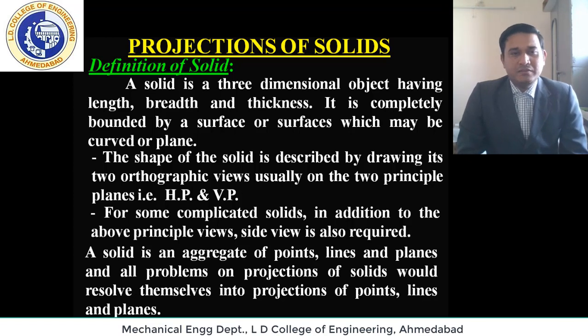Ultimately, a solid is an aggregate of points, lines, and planes. If we know the basic projection methods for points, lines, and planes, then it would be very easy to plot the projections of solids.